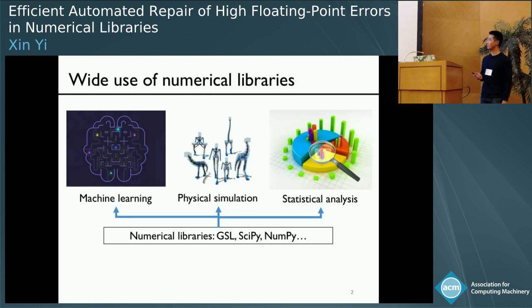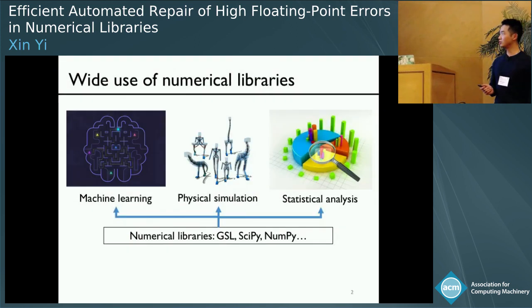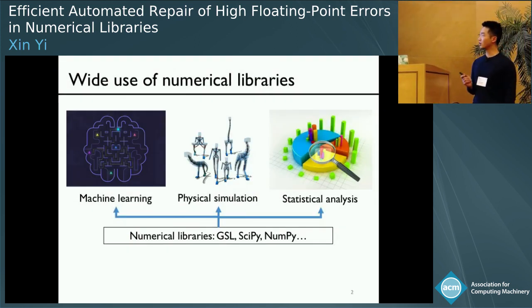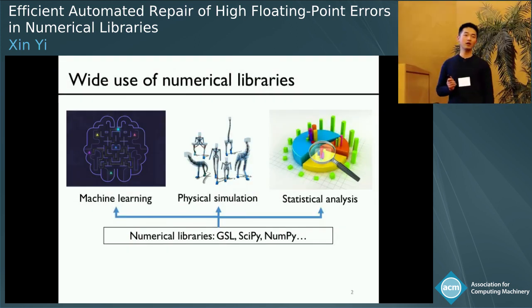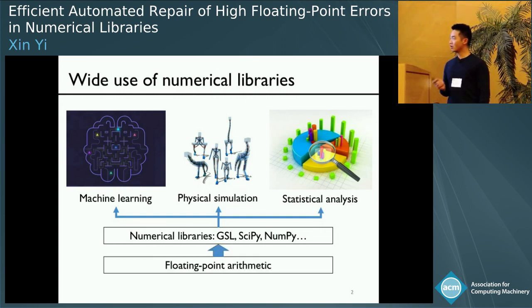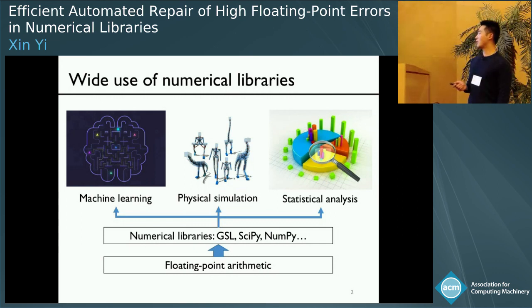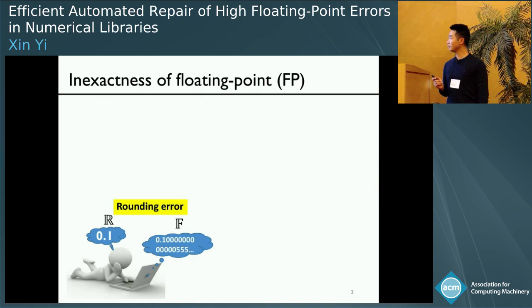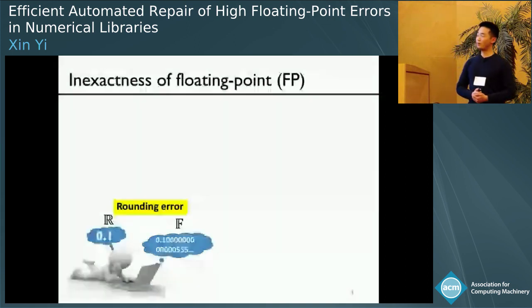As we know, numerical libraries have been widely used to support numerical calculations in many scientific and engineering areas. Those libraries depend a lot on floating point arithmetic. However, floating point representation is by nature inexact.